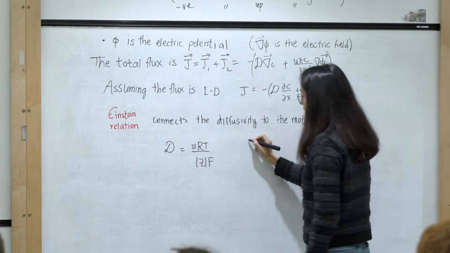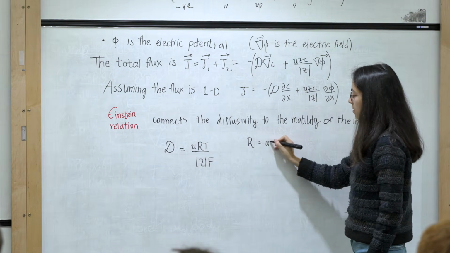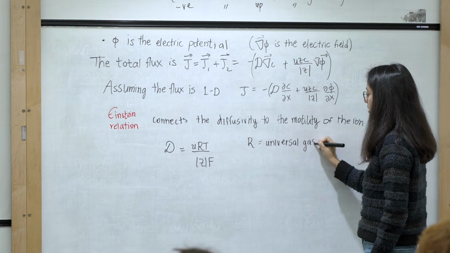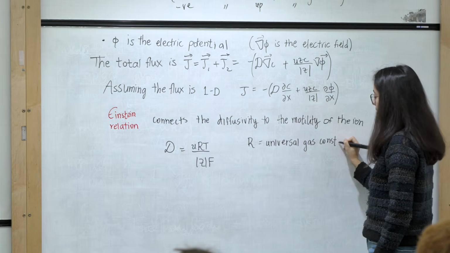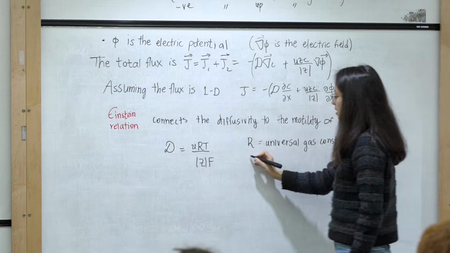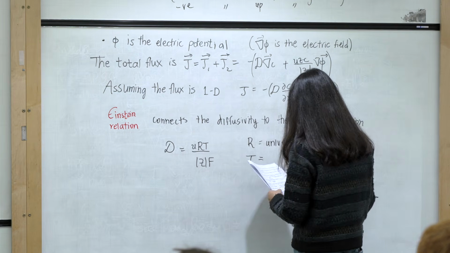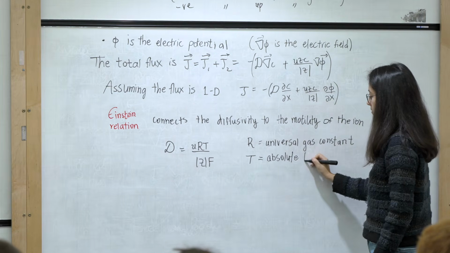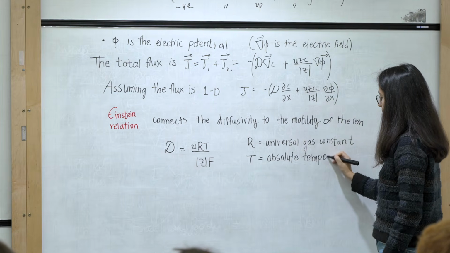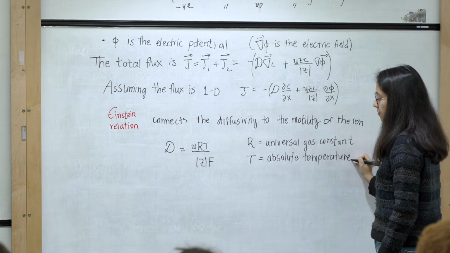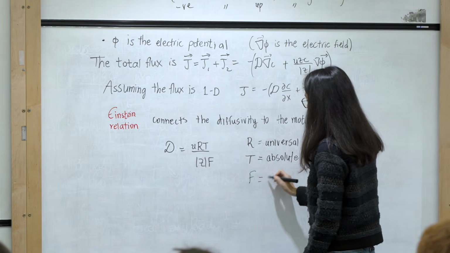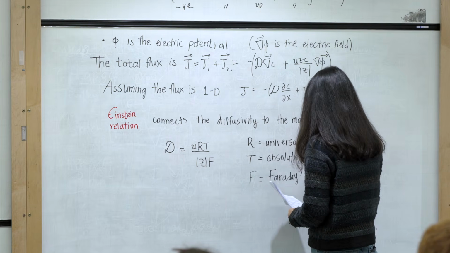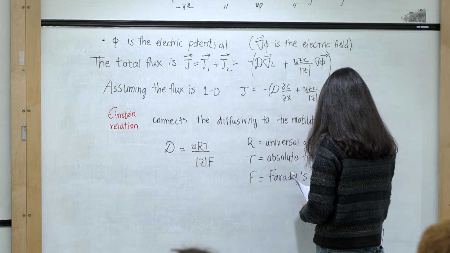What the constants are basically: R is the universal gas constant. These are things that you can measure. T is the absolute temperature. And then finally, I have the F. F is known as Faraday's constant.